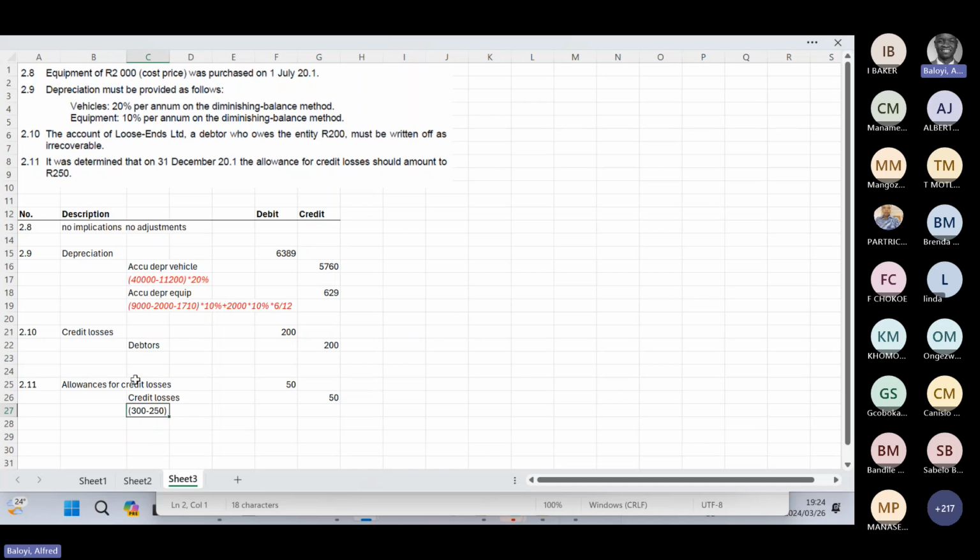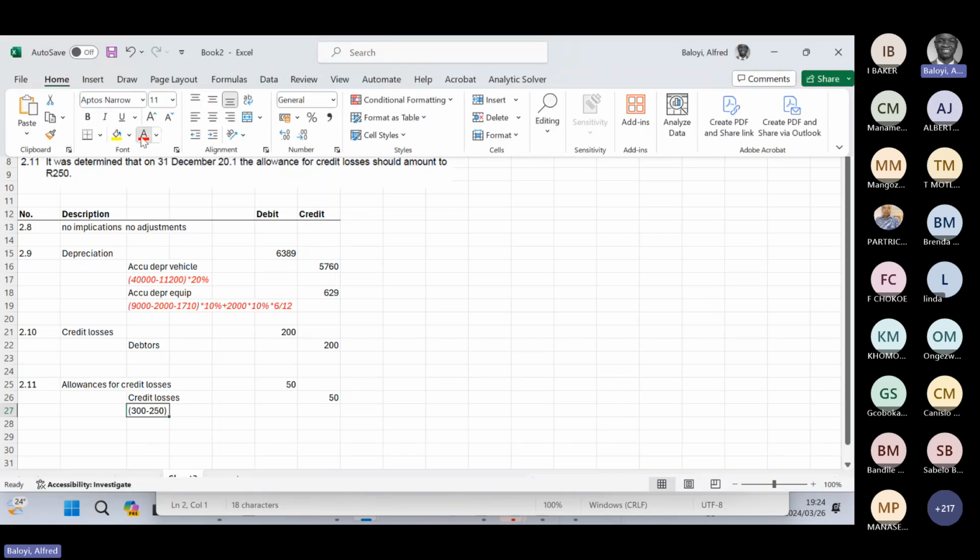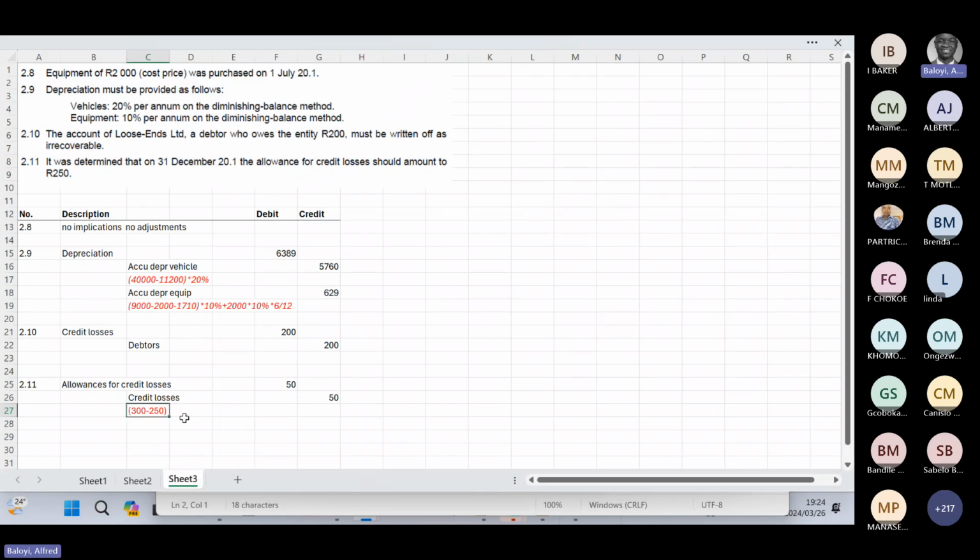I think this needs some more explanation. Basically, what happens is that if you have debtors, for example, you sell goods on credit. Let's say you sell goods for 2,000, and this would be on, let's say, credit sales or debtors, right?